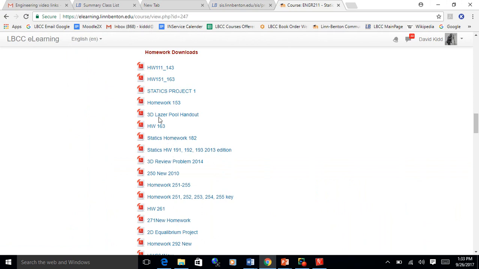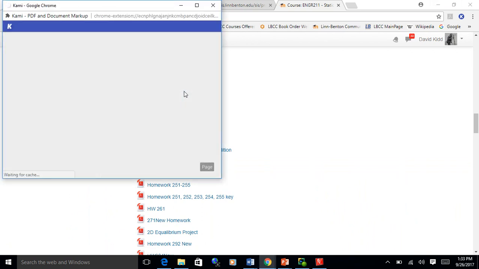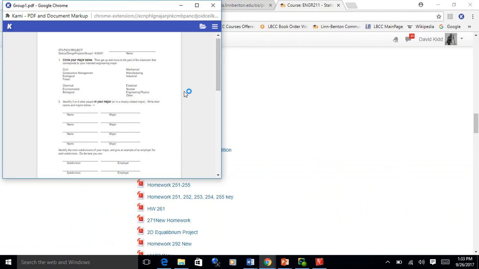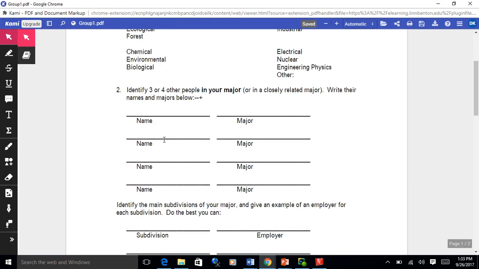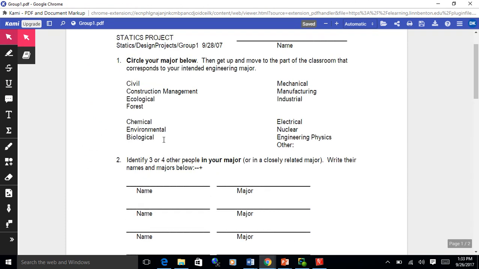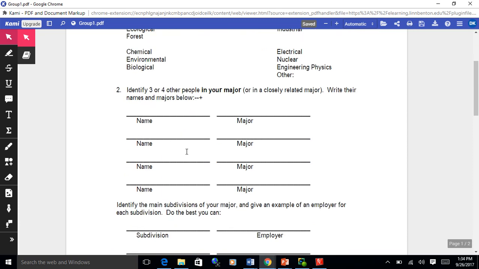Okay, those of you online, we're working on this thing here. So this is under the homework downloads, Statics Project 1. So it looks like that. So we're just going to have people fill this out. If you can find some people that are in these majors, that would be great. If you have to fill it out yourself, that would be okay too.